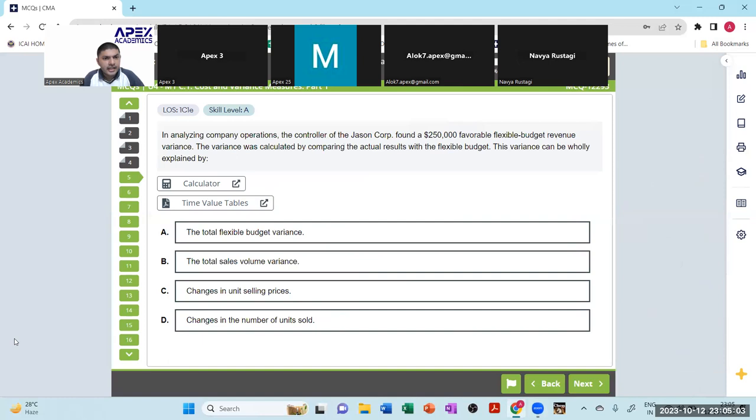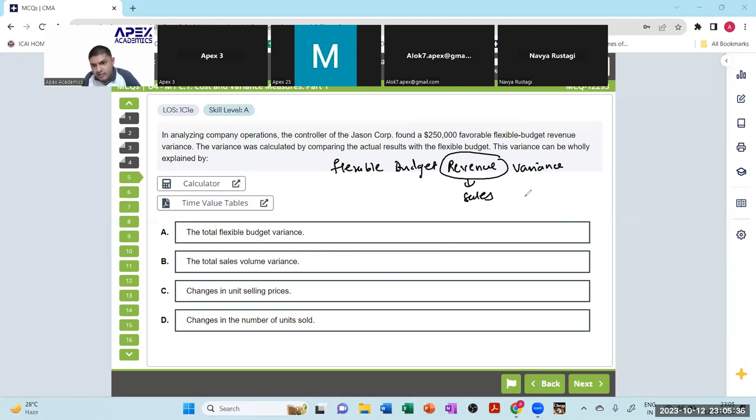5. In analyzing the company's operations, the controller for Jason Corporation found a 250,000 favorable flexible budget revenue variance. A flexible budget revenue variance. Revenue means what?